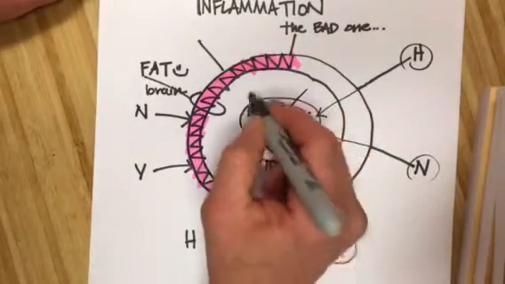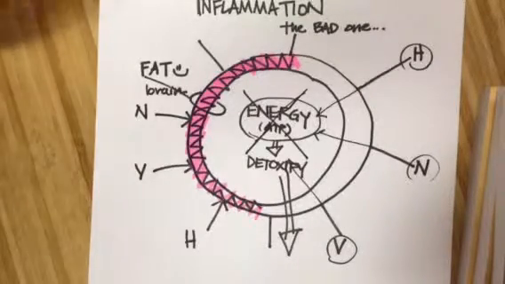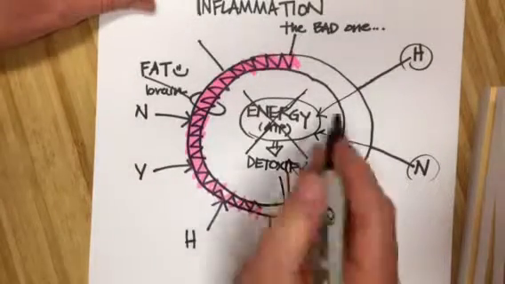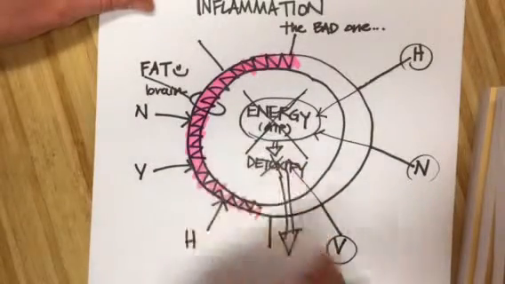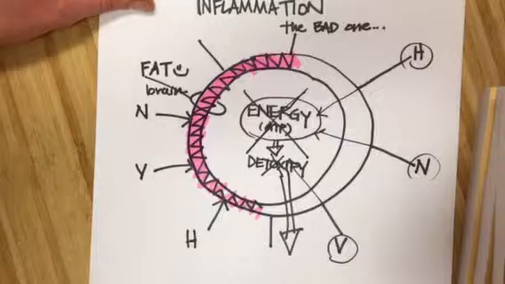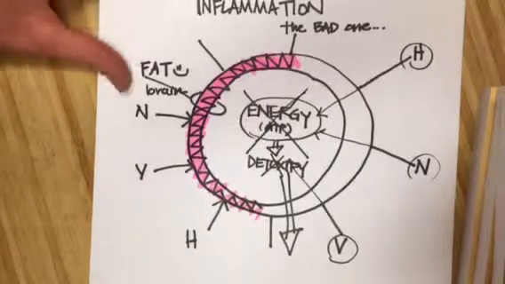Energy is not a byproduct of the cell. The cell cannot detoxify, and this cell is given essentially two choices.